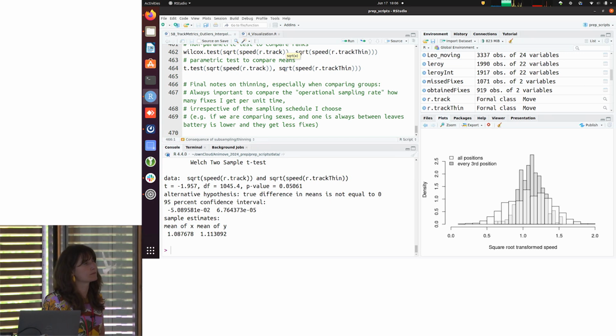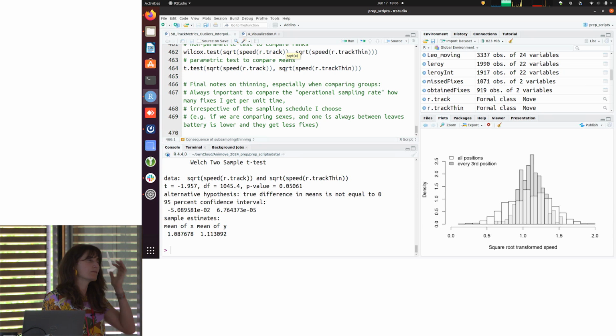In the move2 package, there's also a thinning function, and it works, but it doesn't work as well as the one in AMT. There is in the works another function that will also work better, but for now, the way it works, it just takes one location in a time window. So if you say every hour, it divides the day into hours, and then takes the first location of the hour.